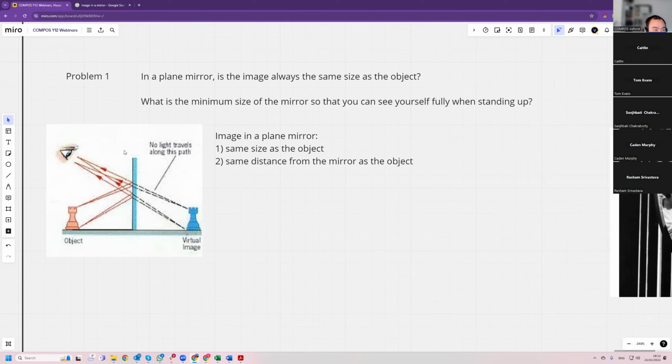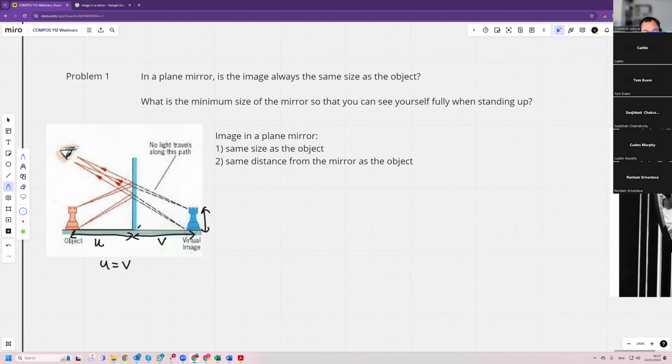That's quite cool, if you ask me. We call the distance from the object to the mirror u, and the distance from the image to the mirror we usually call v. They are the same, so u equals v.